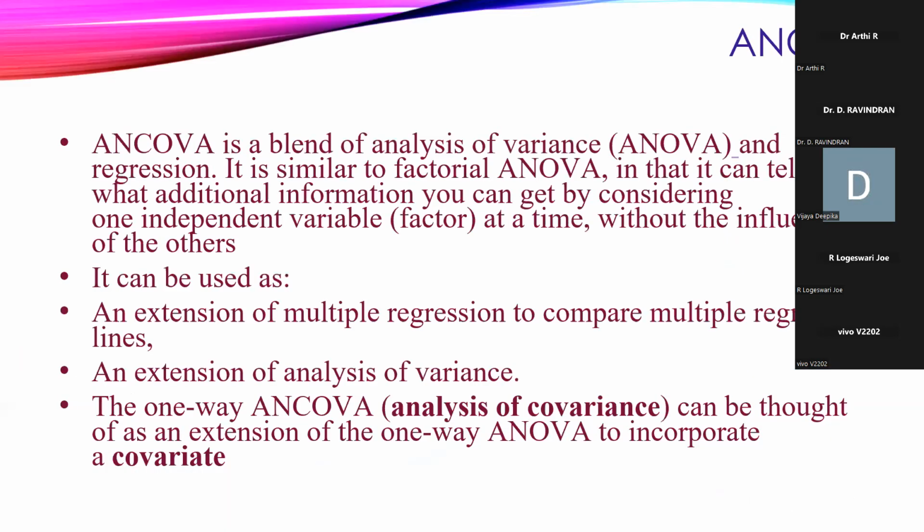So I want to control the previous weight and try to do a test, for which you have to use a test called ANCOVA. When we say covariance, we are trying to control the effect of one particular variable on the dependent variable, and try to see the influence of some other factor on the dependent variable.